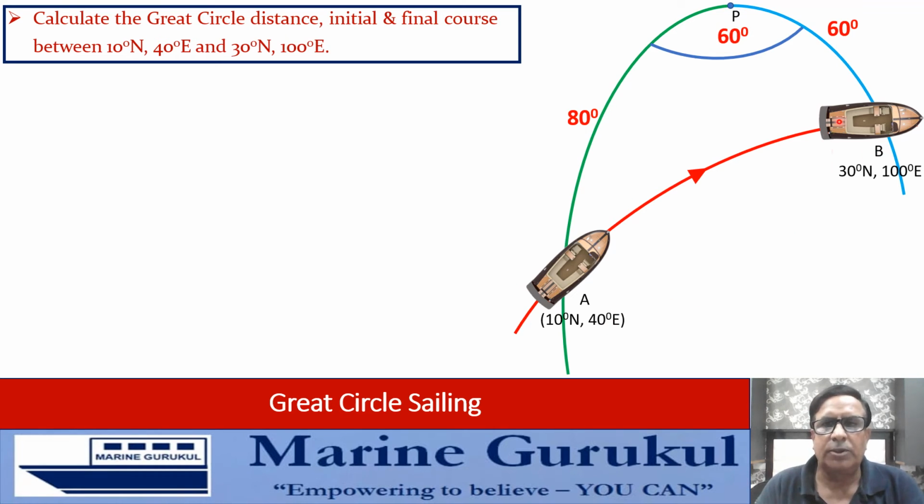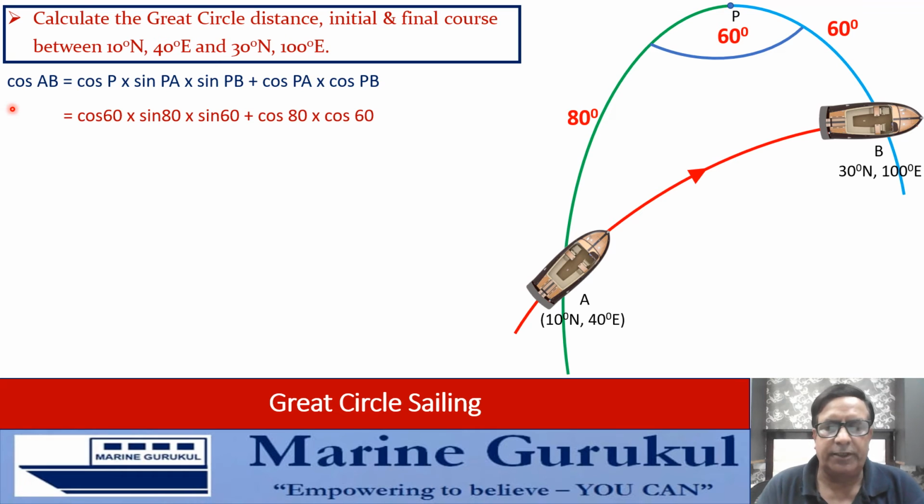So now we have loaded all the known information onto this diagram, and we are ready to use our cosine formula. We write the cosine formula for side AB, which is the GC distance from A to B. We know angle P, we know side PA, we know side PB.